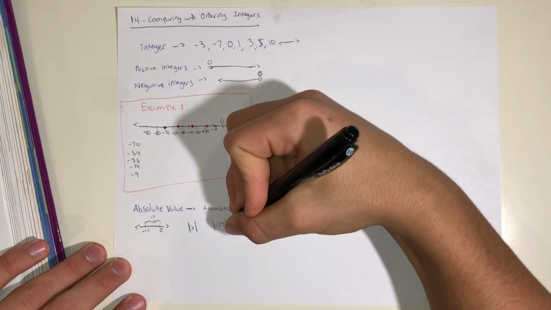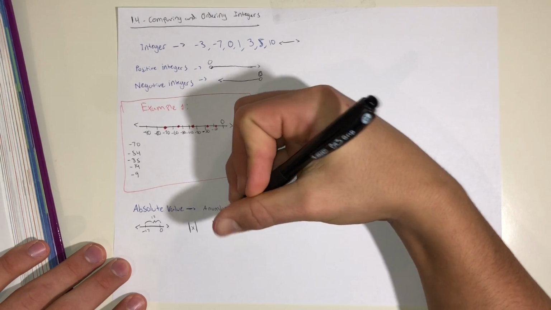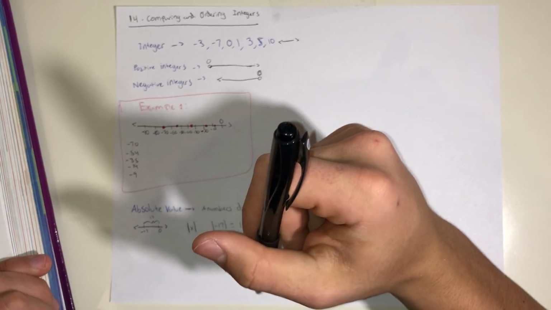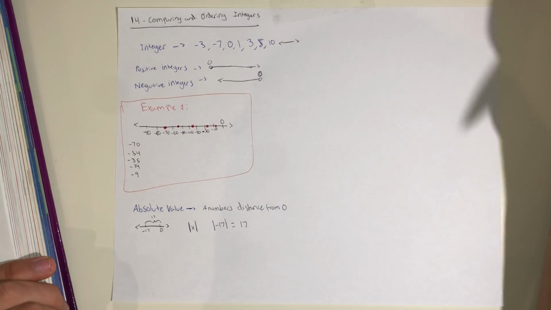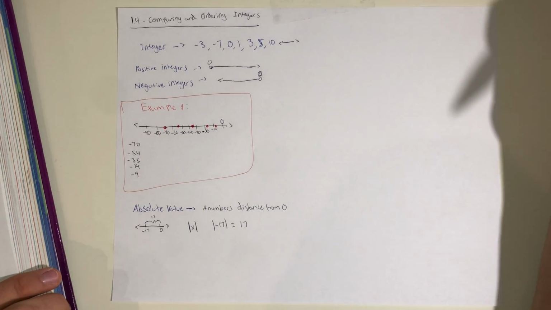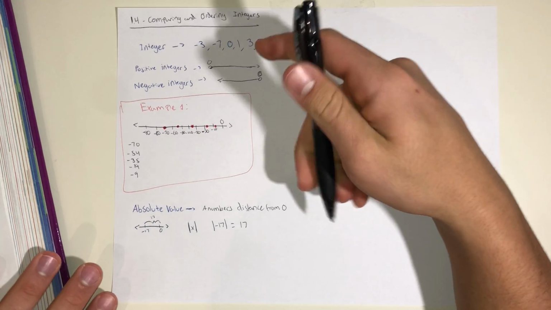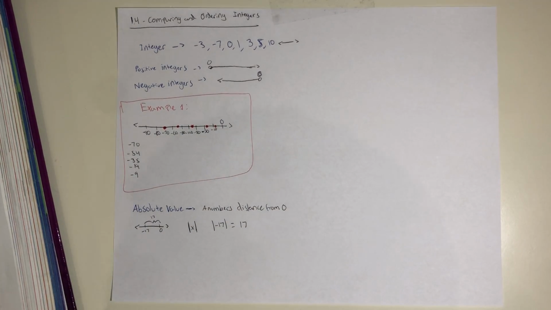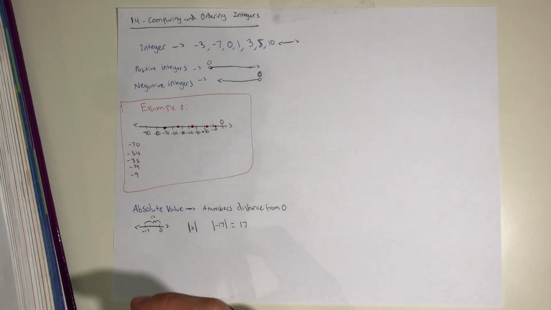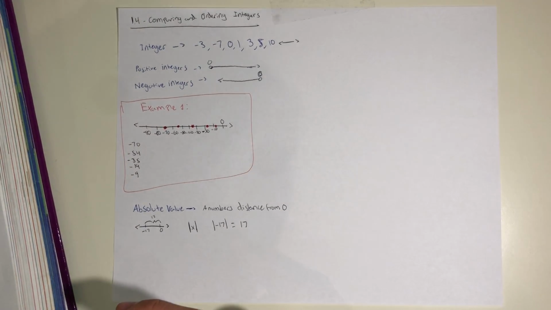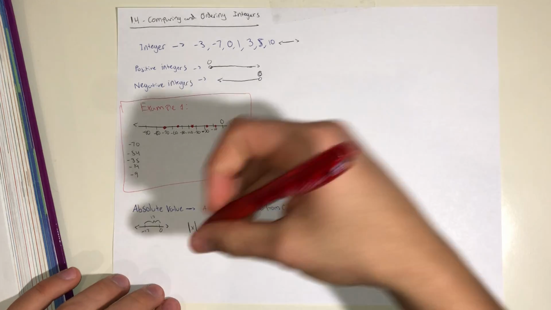The distance of negative 17 from 0 equals 17. So if you have negative 17, its distance from 0 is 17. If you have positive 17, its distance from 0 is still 17. So then this brings us to example 2, where we have to state the absolute value.